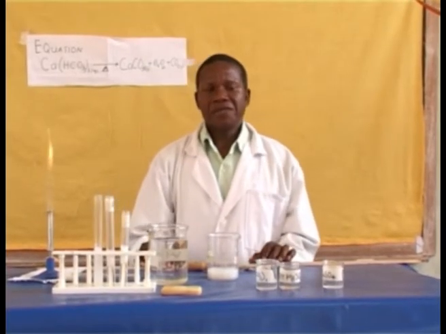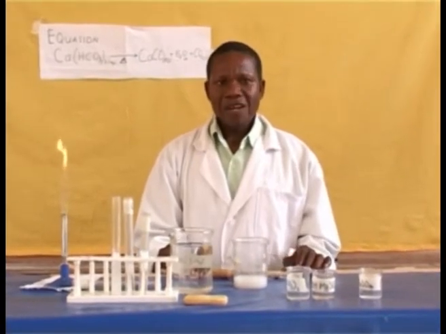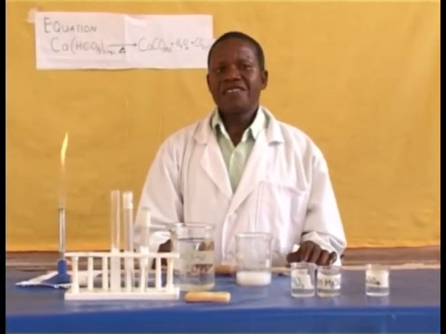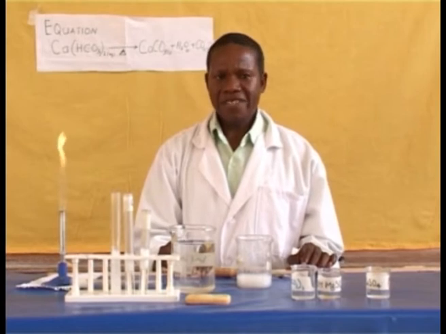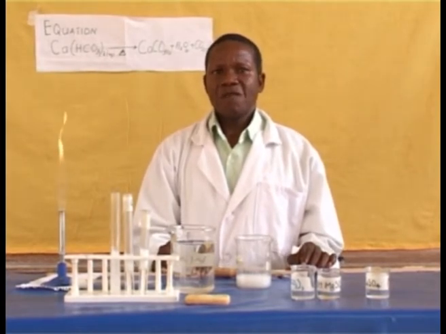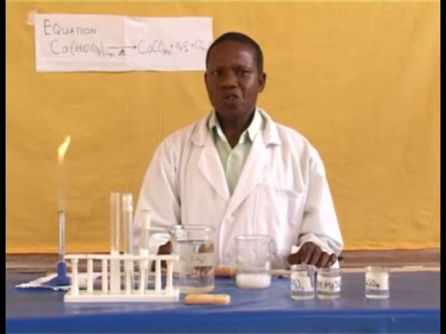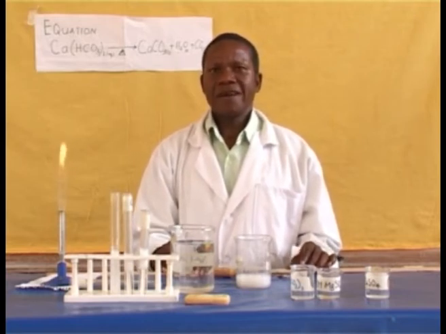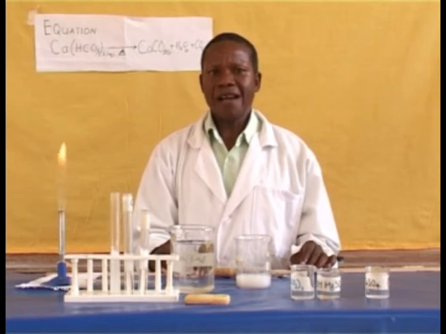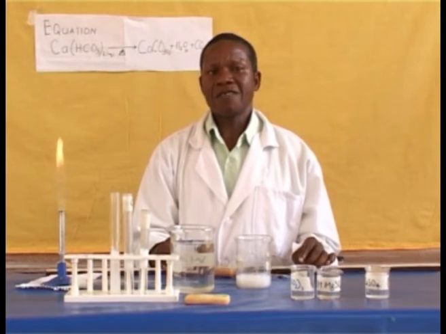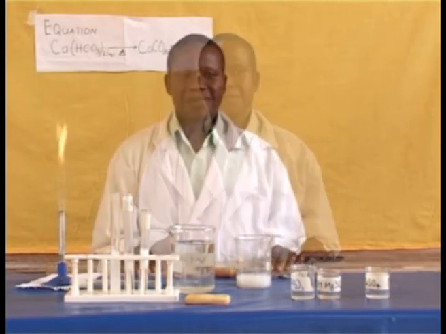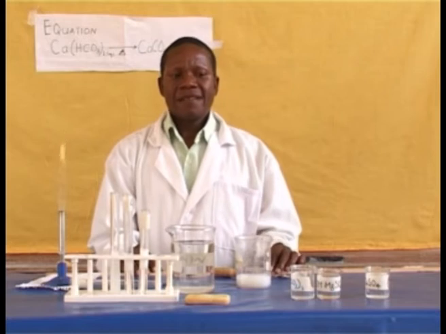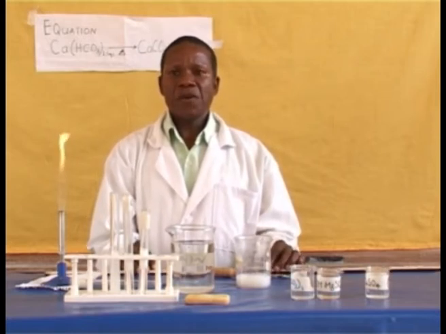From this equation, the soluble calcium ion present in calcium hydrogen carbonate is converted to insoluble calcium carbonate, and the water remains free from calcium ion, and that's why it forms lather after boiling it. Temporary hardness of water can be removed simply by boiling water.